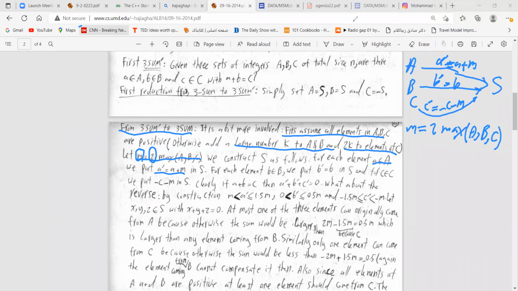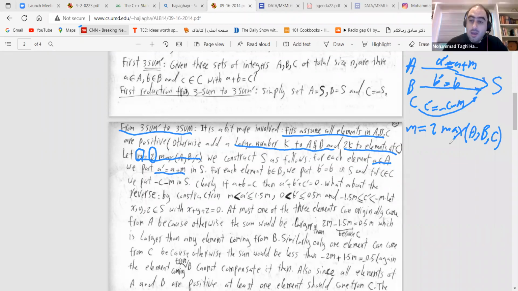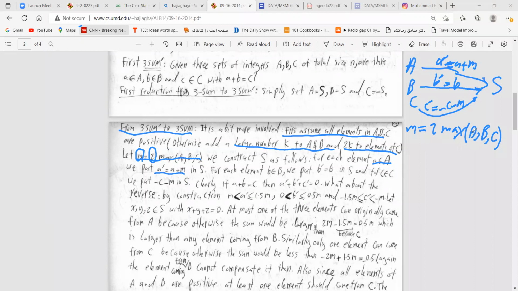I have a question before. Yes. What do we mean by the total size of N? I mean, is it the size of the union, or the size of A plus the size of B? No. Here M is the max of A, B, C. There is no size. But the size of S means the number of elements.